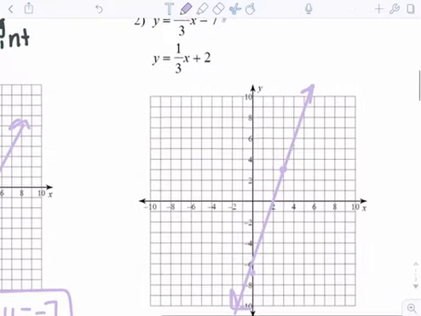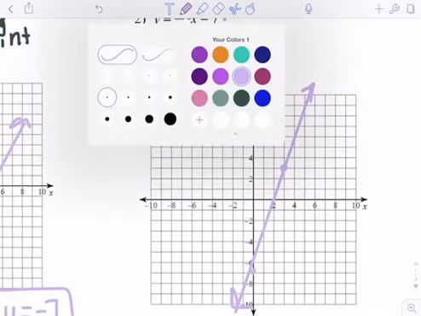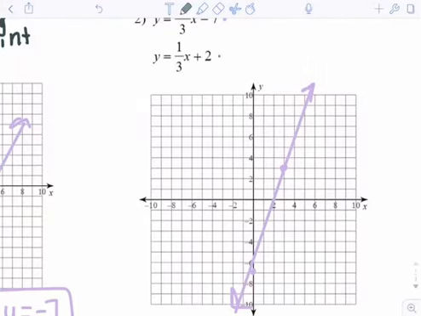Okay, then I'm going to graph my second one. Let's just use the green. Starting point is positive 2 on the y-axis, right? Here's my y-intercept. I'm going to go up 1, to the right 3. I'm actually just going to stop right there. I'm not going to go all the way through because I could already see my intersection point, which is at 3, 3.